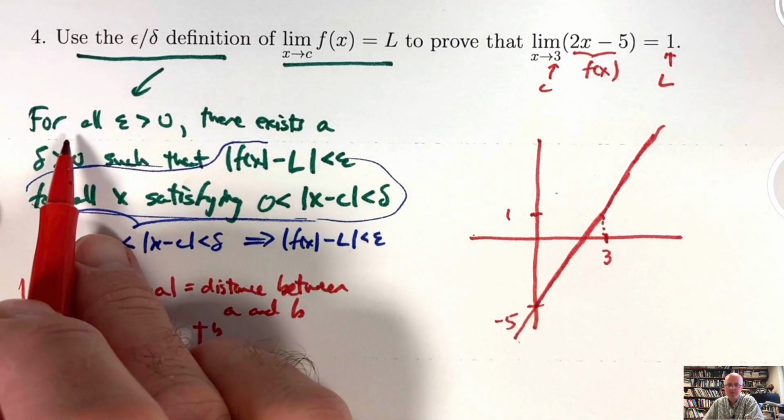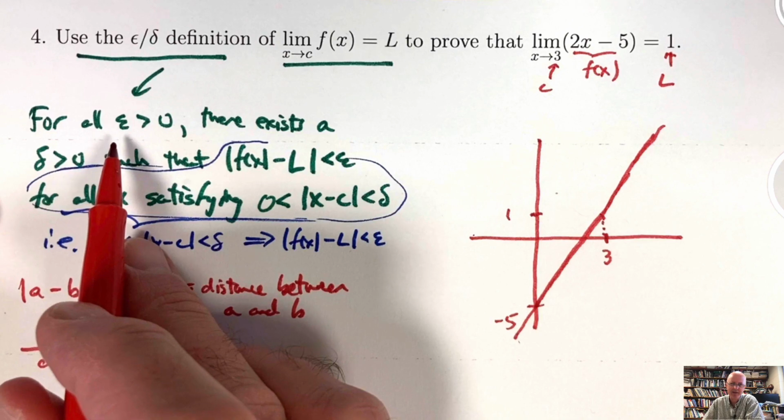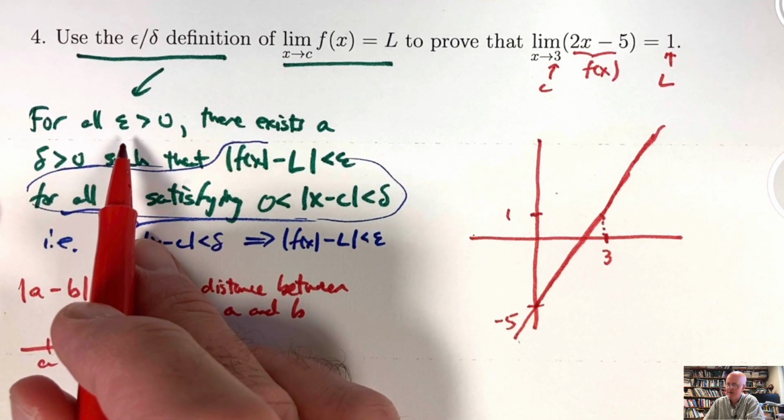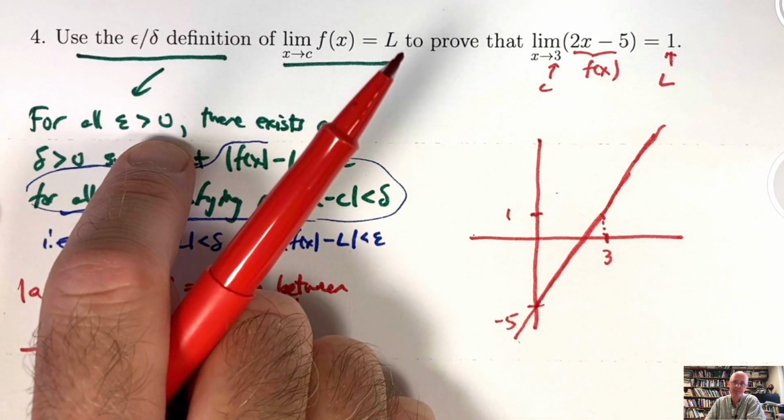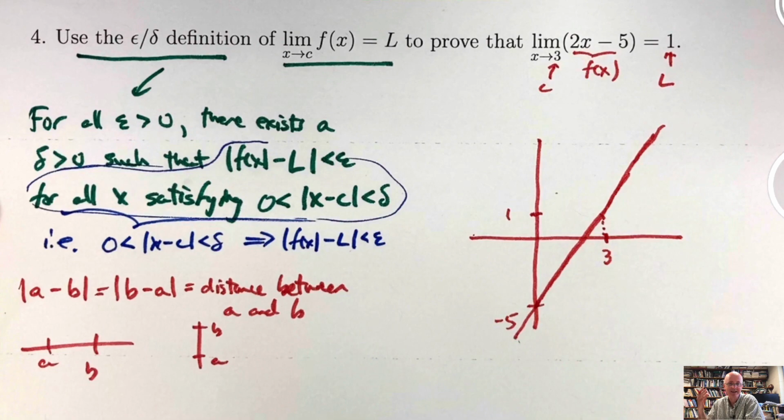What are we saying? We're saying for all positive numbers, call it epsilon. It's just tradition to use that Greek letter. No matter how small. Now, you don't see the words no matter how small in there, but that's in your mind.